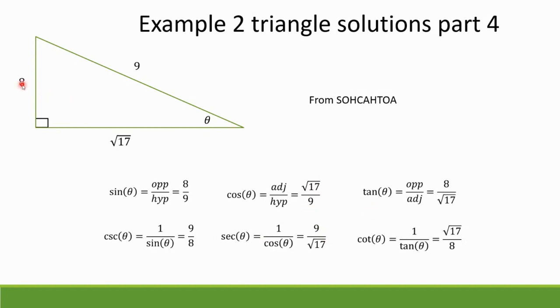Tangent of theta is opposite over adjacent, so that's 8 over radical 17. And cotangent is just 1 over tangent, meaning you flip this. That's all it is. Are there questions on this?